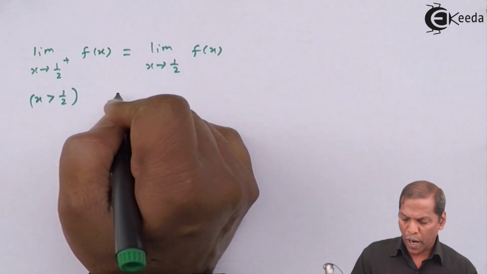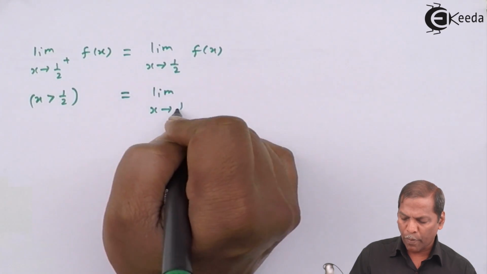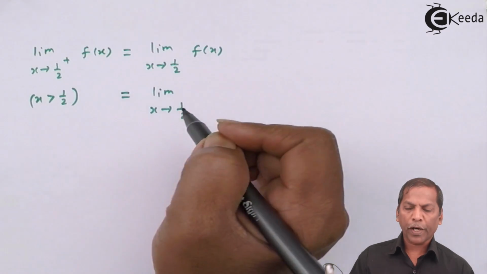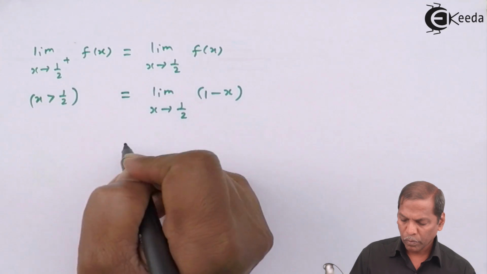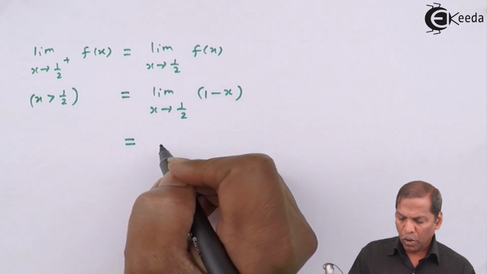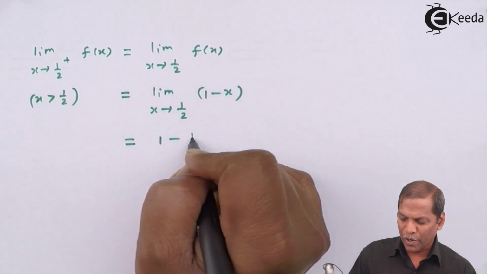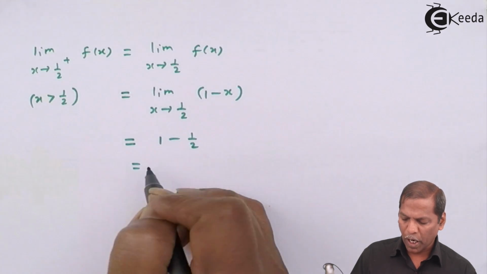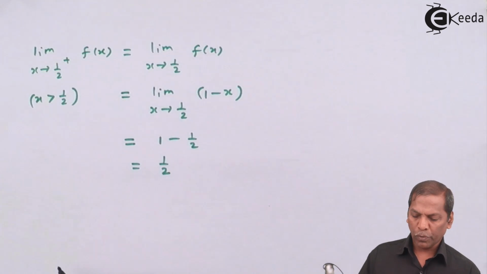So this is equal to limit x tends to 1 by 2. For f of x, we substitute 1 minus x. Therefore, the next step will be 1 minus 1 by 2, and on cross multiplying, we get 1 by 2.